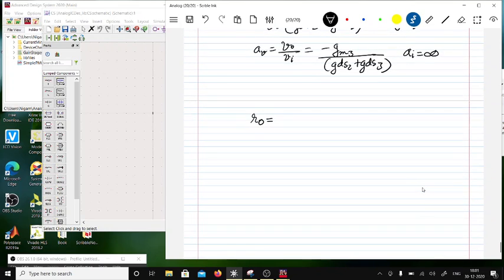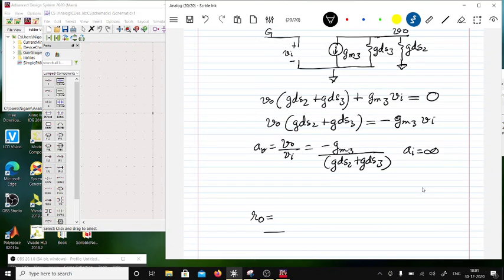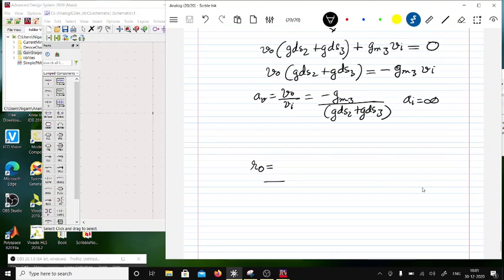So to find out RO, what you have to do is reduce all the voltage sources to 0 other than the one which you are going to investigate, and then you also replace the DC voltages by short and DC current sources by open. So if I do that, this is short and this is short, so basically the net voltage here is 0, right?